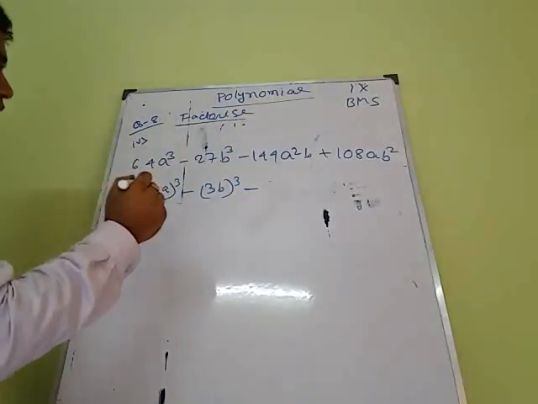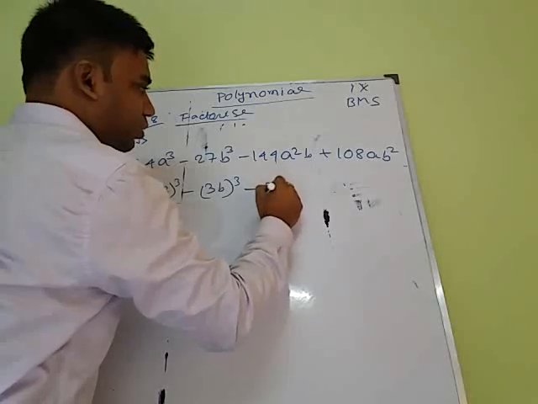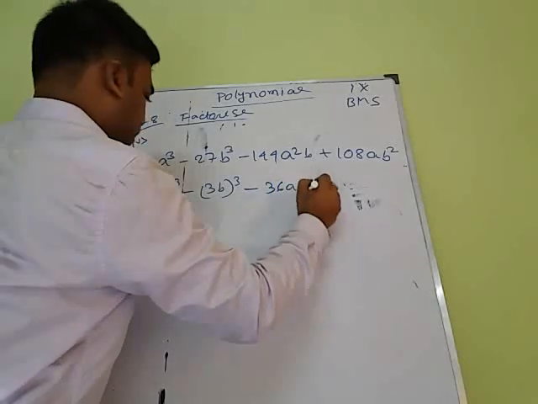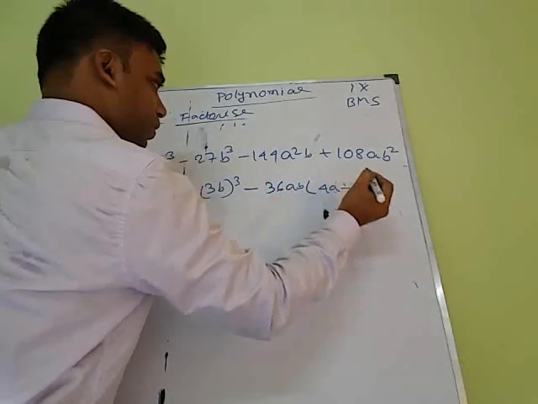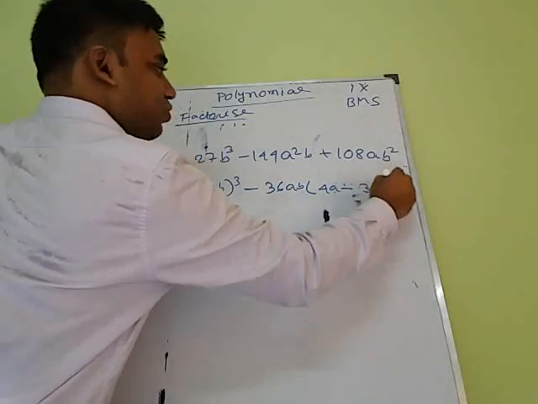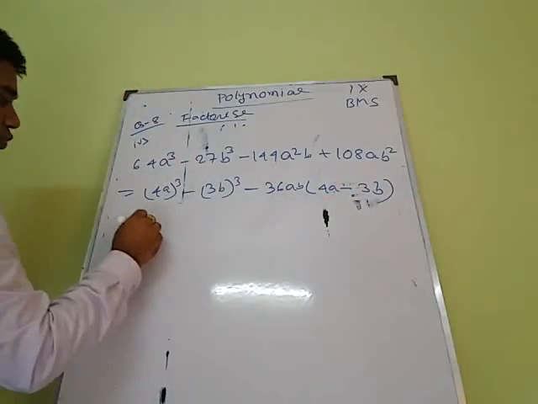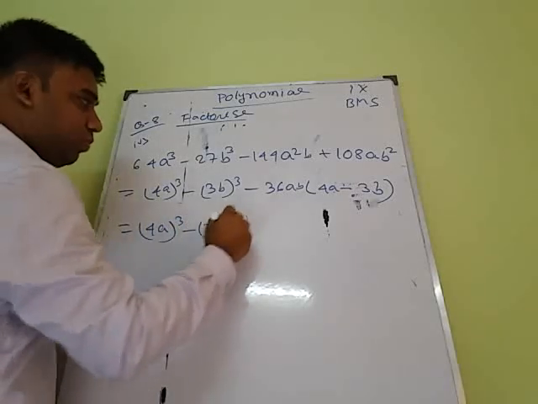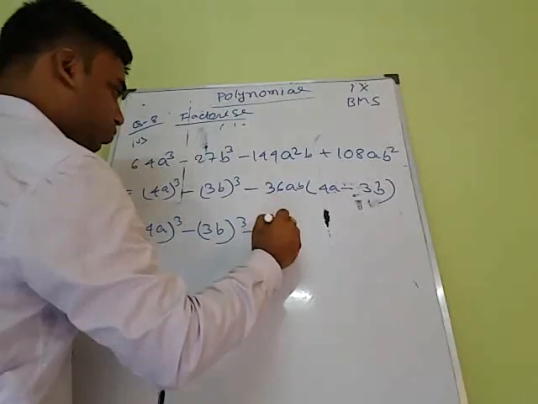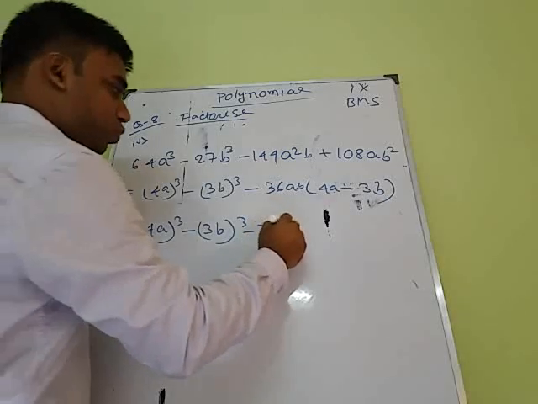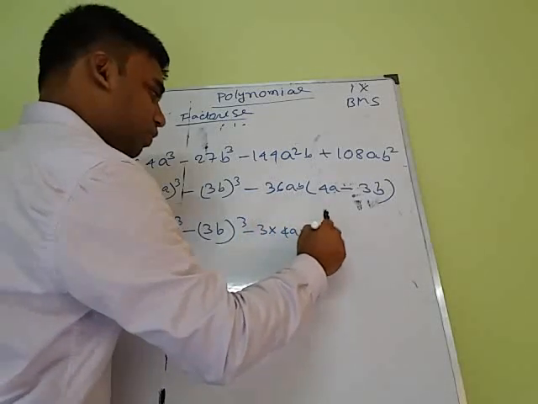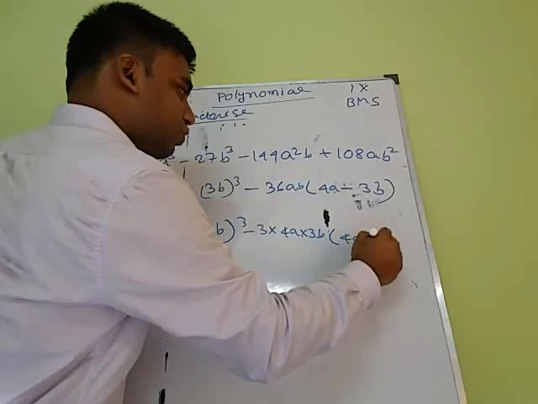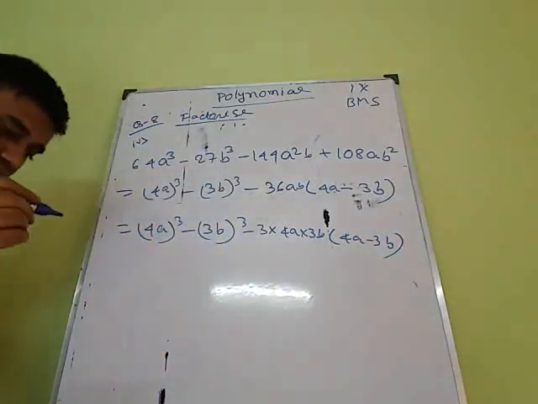From these two terms, you can take common 36ab, that is 4a minus 3b. So (4a) whole cube minus (3b) whole cube minus 3 into 4a into 3b into (4a - 3b).